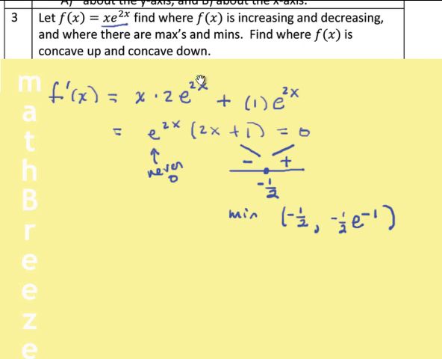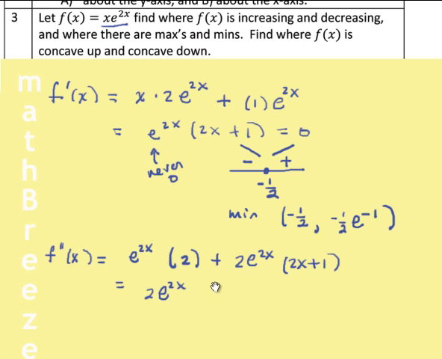And now we want to find concave up and down, so we're looking at f double prime. Let's look at the factored form. Alright, do a product rule of the first times the derivative of the second, derivative of this is 2, plus derivative of the first times the second. Okay, so we have 2e to the 2x plus 4x e to the 2x plus 2e to the 2x.